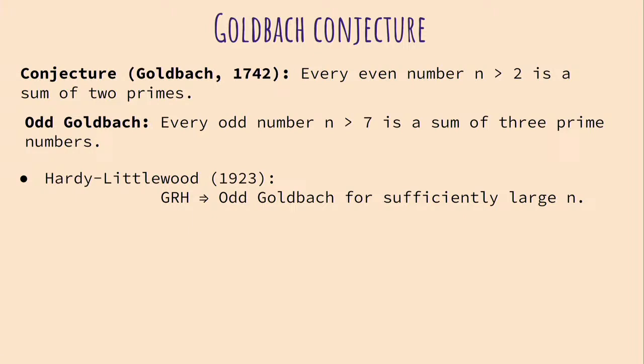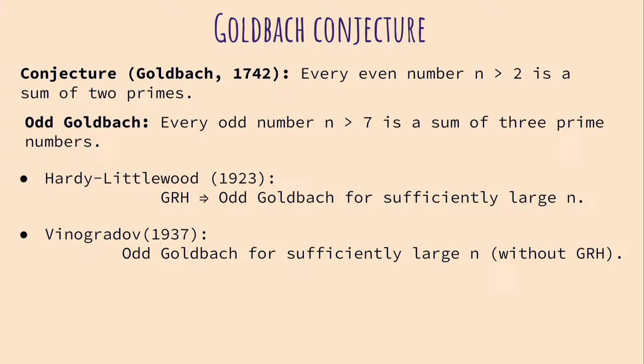Now it was shown by Hardy and Littlewood in 1923 that under the generalized Riemann hypothesis, this odd Goldbach is true for sufficiently large n. And after a few years, Vinogradov, using some average version of the Riemann hypothesis, was able to prove this statement without using GRH.